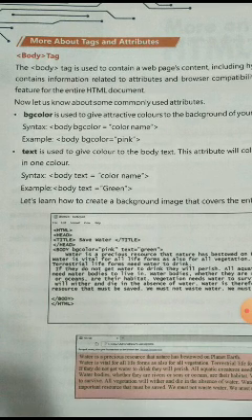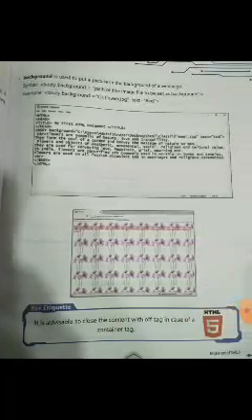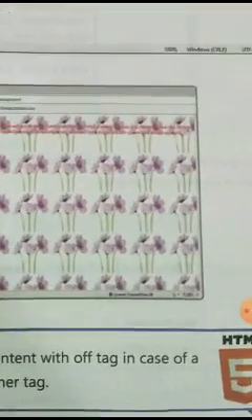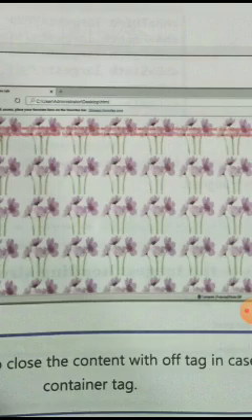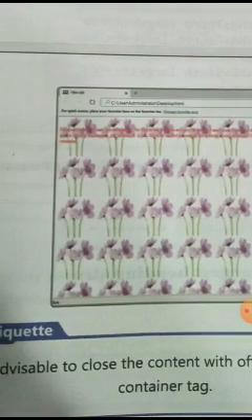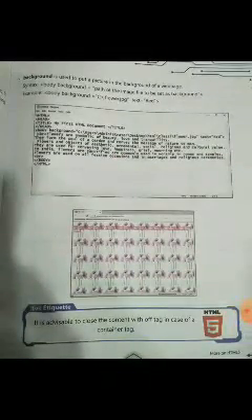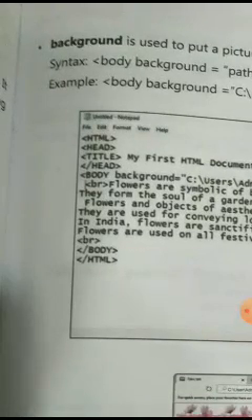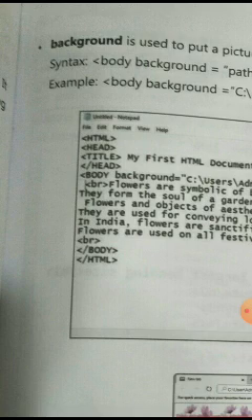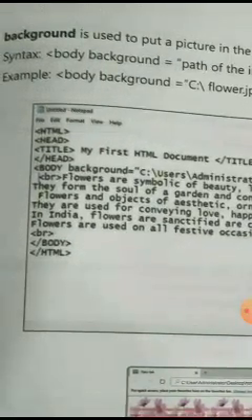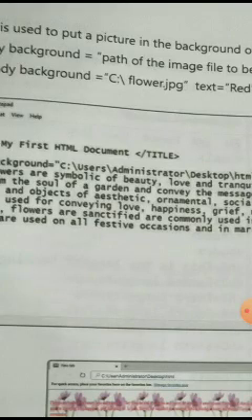If you want to give an image in the background, like this is the image, it's given in the background of the page. So you have to use the background attribute: body, then background, then you have to give the location of the picture where you have saved your picture.